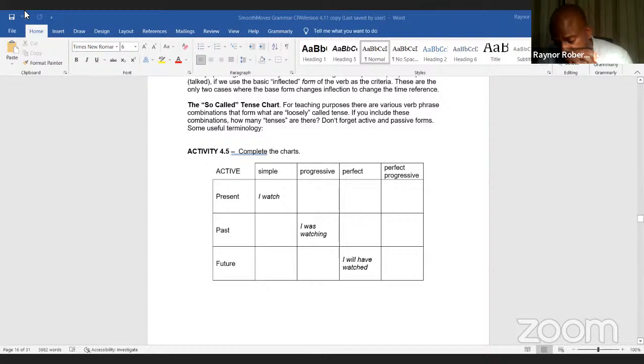I have mowed the lawn for 7 years, versus I have been mowing the lawn for 7 years. One is more infrequent, whereas one suggests more frequency.